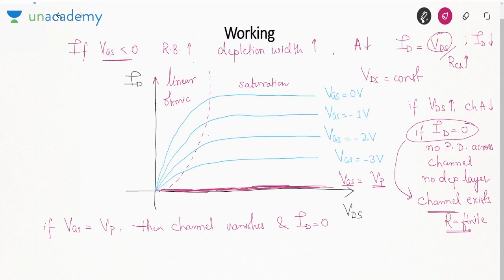In linear region, we can say that the resistance of the device is equal to R0 divided by (1 minus VGS by VP) squared. That means the resistance between drain and source depends on VGS. So we will call it a voltage controlled resistance. That is, by controlling the voltage VGS, we can control the resistance RDS. That is in linear region.